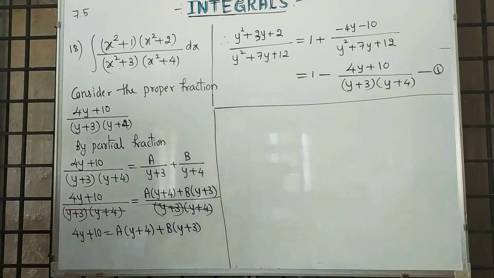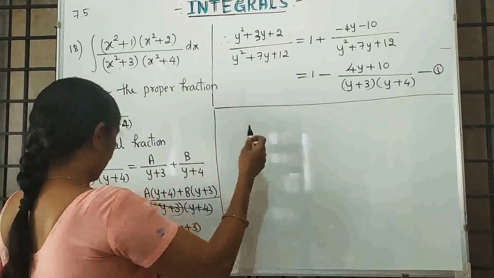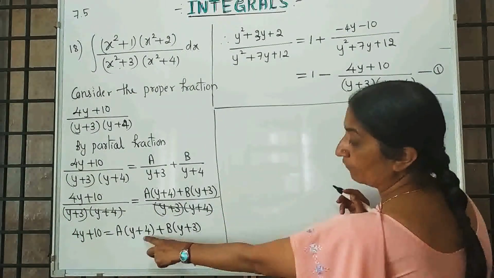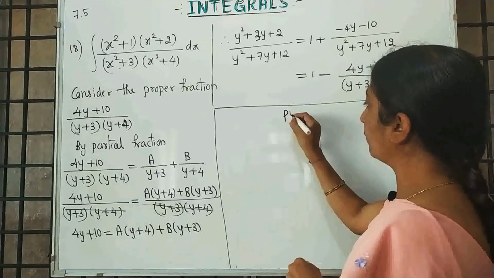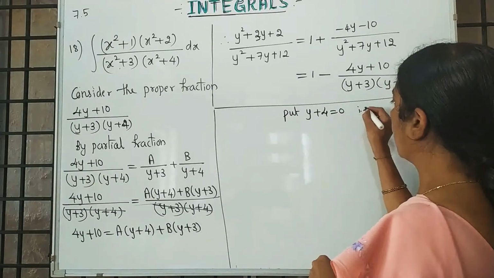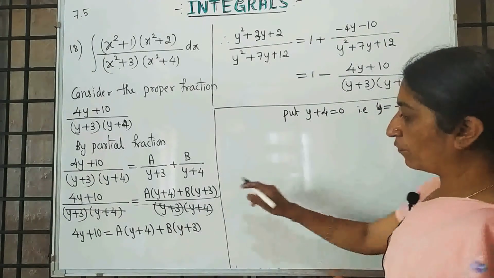Select the linear equations one by one. See, this I kept as it is for our reference. Now what are we writing? First bracket: put y + 4 = 0, that is y = −4.